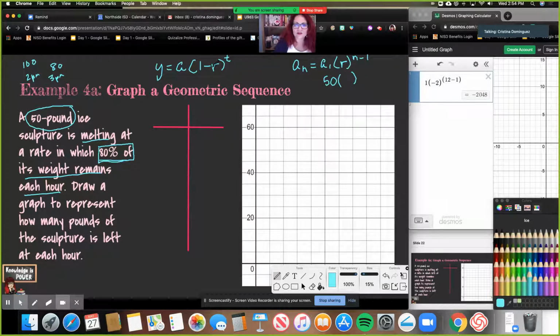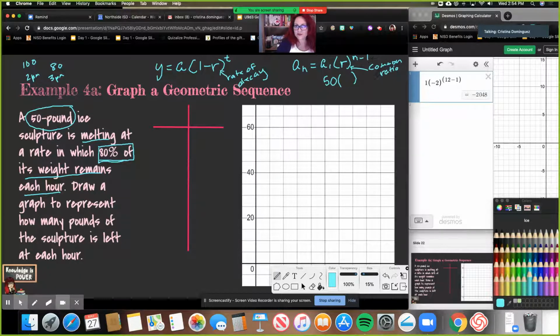But here, this is really your rate of change, your rate of decay. And here they use the same variable, but it's for your common ratio, which are two different things. They really shouldn't do that, because that's confusing. But keep in mind that those are two different things.